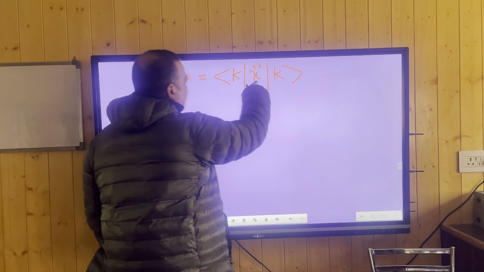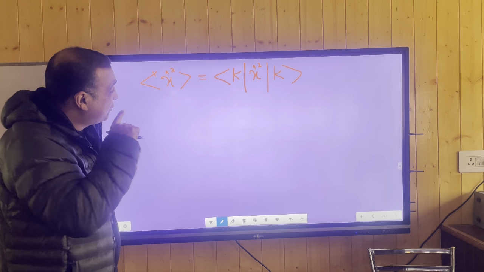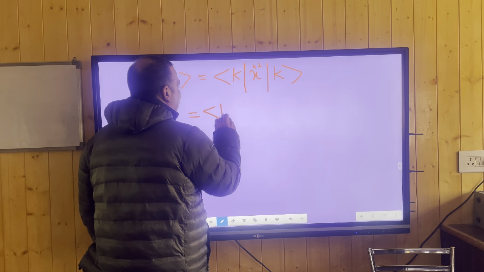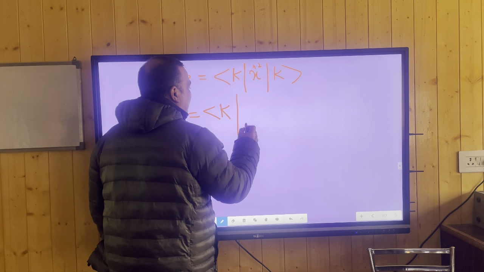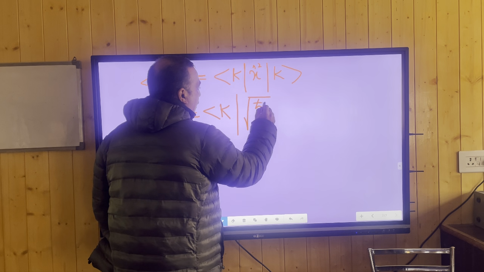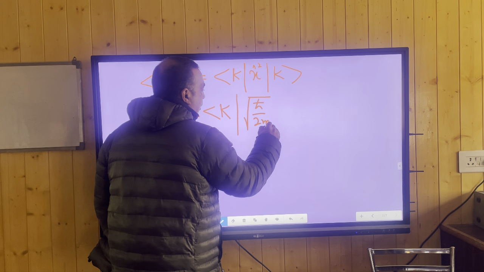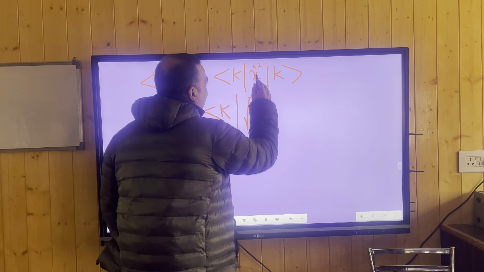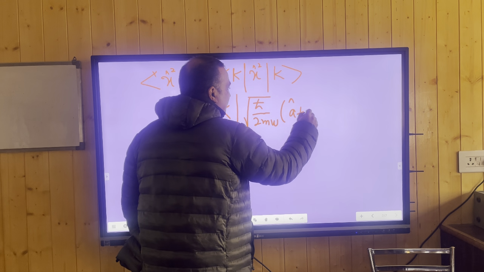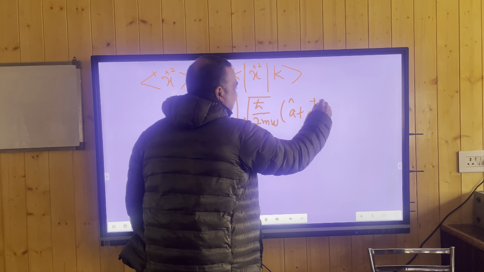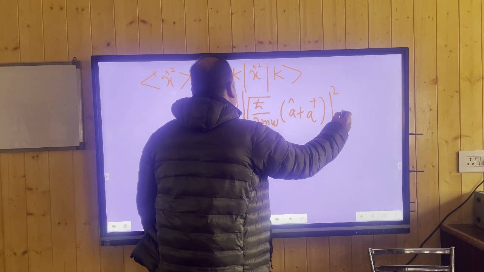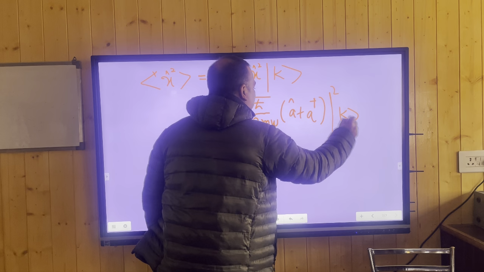Here, for x square, I'll have to use the square of what we have. So we have k, then the square root of h bar by 2m omega, and for x we have a cap plus a dagger, and this whole thing squared, and then you will have the state k.